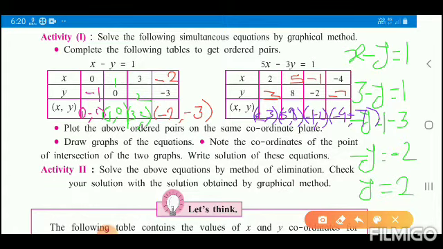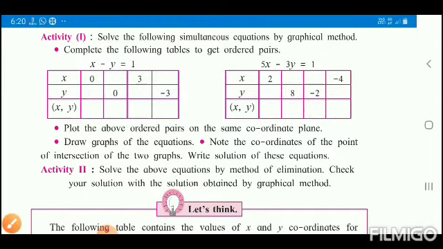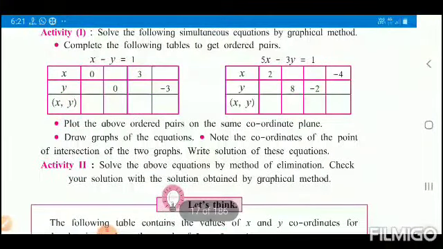Now this activity we have completed. Do you understand this? Now look, here they said plot the above ordered pairs on the same coordinate plane. Draw the graph of the equations and note the coordinates of the point of intersection of the two graphs. Write the solution of these equations. If you draw the graph of these two equations, then you will get the solution of the equations.